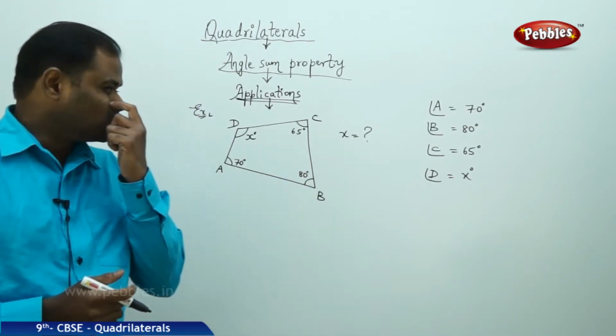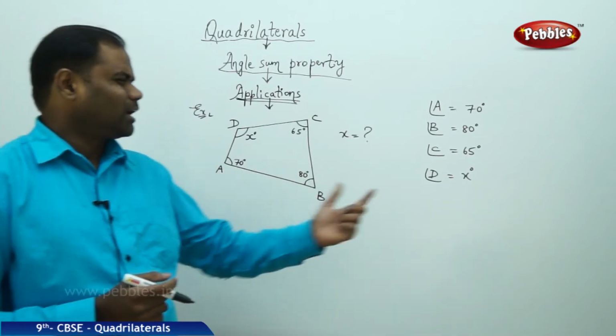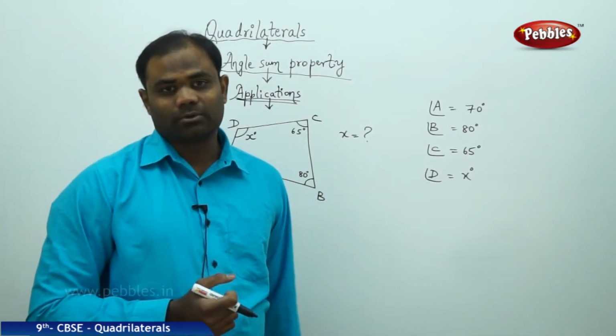So let's see how we can find the angle D using the angle sum property.